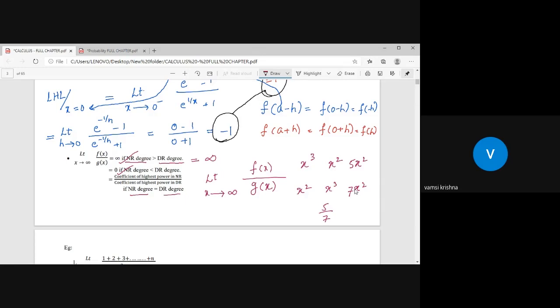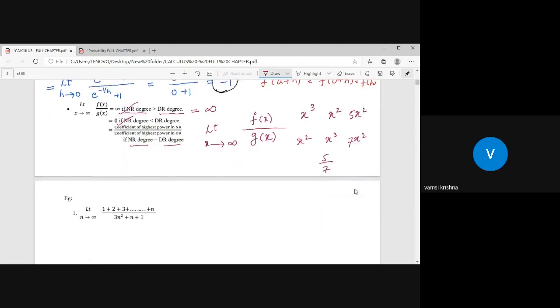The maximum power term coefficient divided by maximum power term coefficient. That's why it is called degree, right? Degree means maximum power, isn't it?